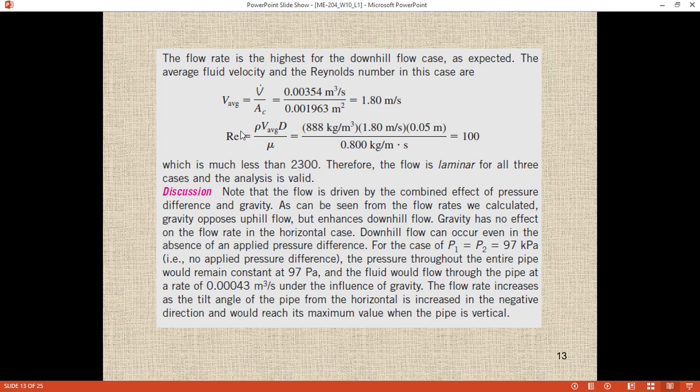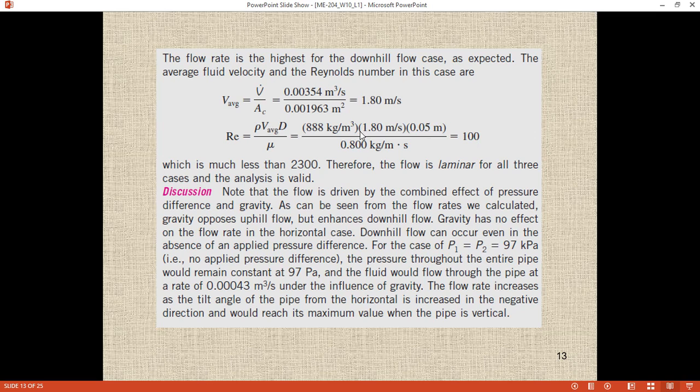Okay, so here we calculated the average velocity: volume flow rate divided by the cross-section area, so we got 1.8 meter per second, and the Reynolds number is 100. It is a dimensionless number, so there is no unit.